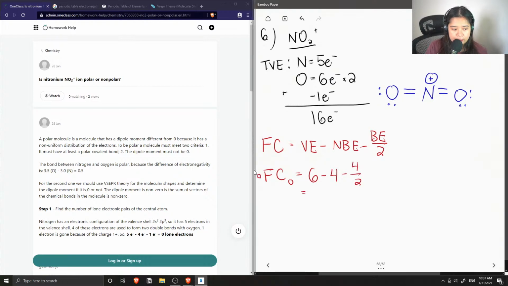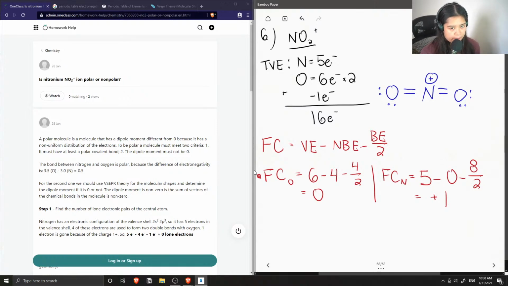So both of the oxygens will be neutral. And for our nitrogen, nitrogen has 5 valence electrons. There are no lone pairs in this structure. And there are 8 bonding electrons divided by 2. So this is how we know that nitrogen will be the one to carry the positive charge.